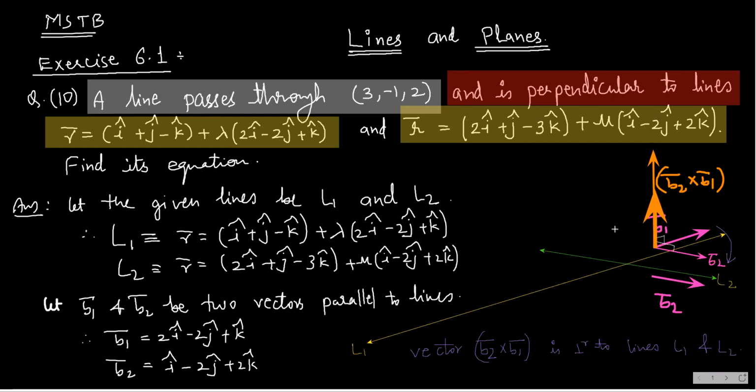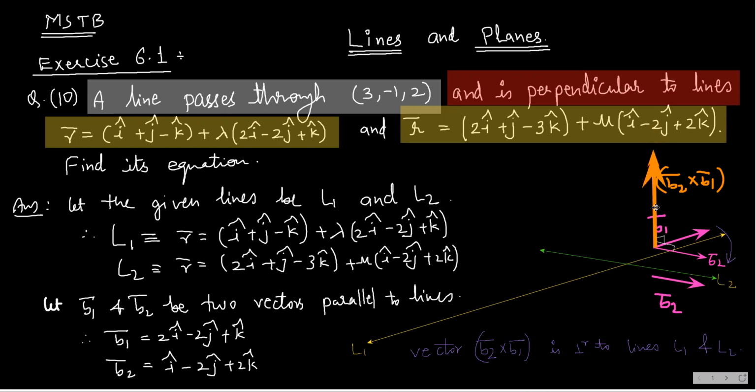See, the required line is perpendicular to both lines. And here I have a vector. See, I'm moving that vector. Here I have a vector which is perpendicular to both lines. It means the required line has to be in this direction, because it has to be perpendicular. Hence, I can say that the required line is parallel to this vector.